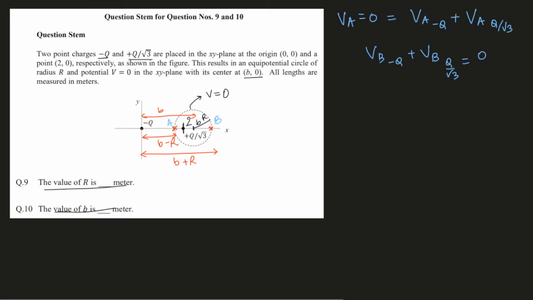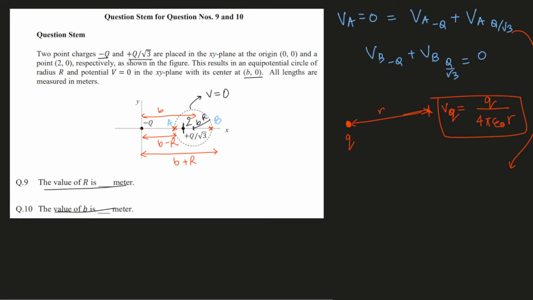Now, due to any point charge small q, the potential at a point at a distance r away is equal to q over 4 pi epsilon naught r.